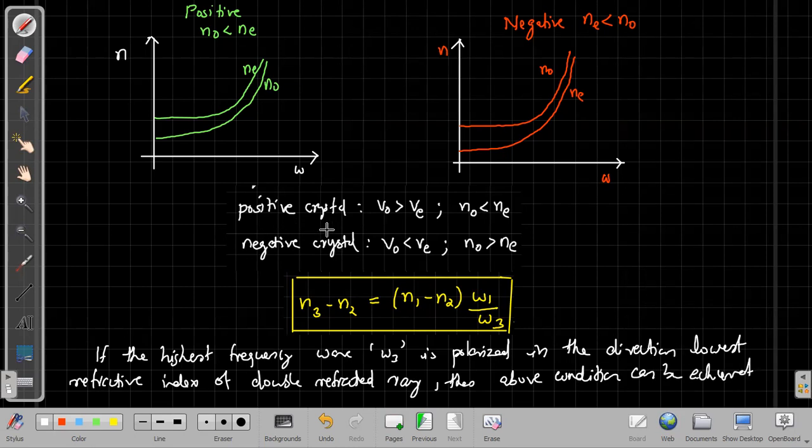So again, I repeat, in the case of a positive crystal, omega 3 should be ordinary, and in the case of a negative crystal, omega 3 should be extraordinary.